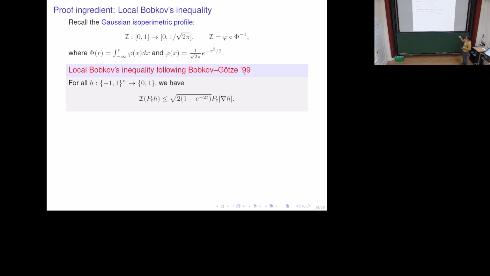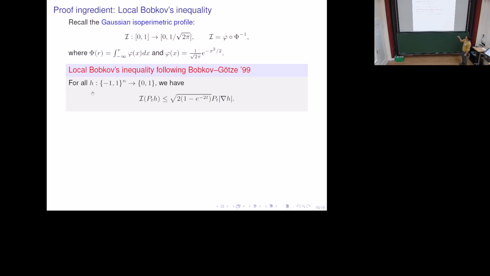In their result, you don't see the semigroup here, but you play with some trick, then you can prove the following inequality. Here h is a Boolean function that takes values in 0 to 1, which will be easier to formulate. Very often this h is taken to be the characteristic function of some set.